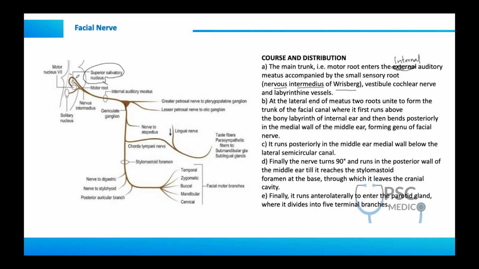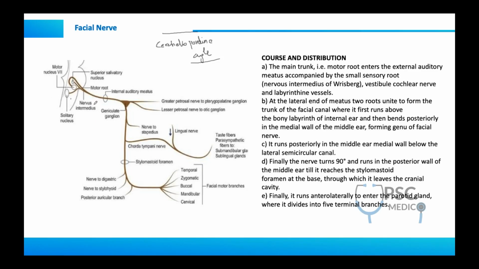These are all pontine areas. So when you have a clinical condition called cerebellopontine angle tumors, then you realize why all these are involved, both the sensory and motor root of the facial nerve, and also the eighth nerve which is taking origin from here.